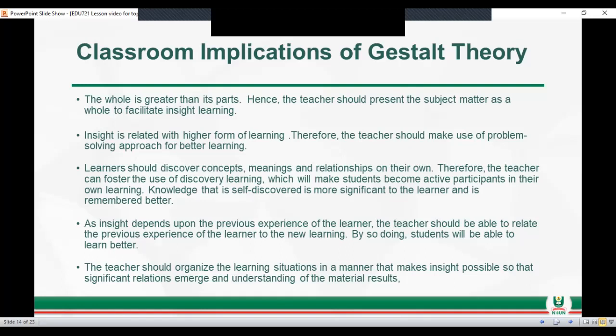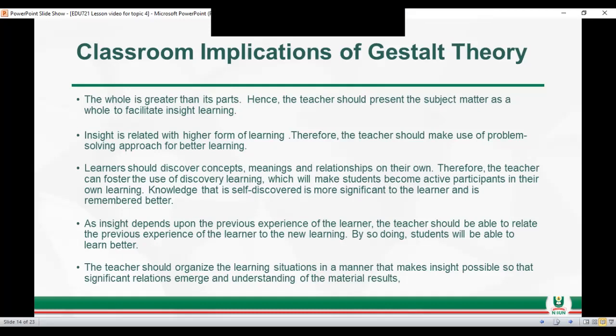If for instance, you, the teacher, are teaching the topic parts of a plant, you should endeavor to bring the plant and present it before the students. Let them feel the wholeness of that plant. And thereafter, the parts should be taken up.